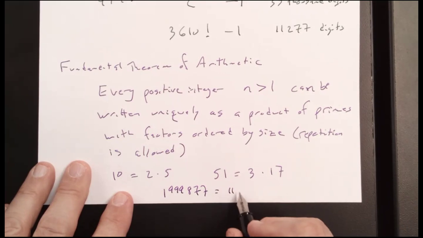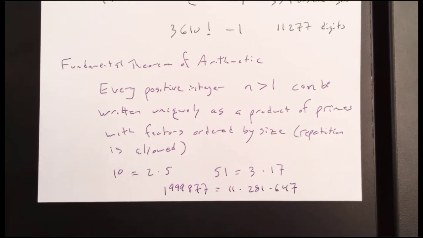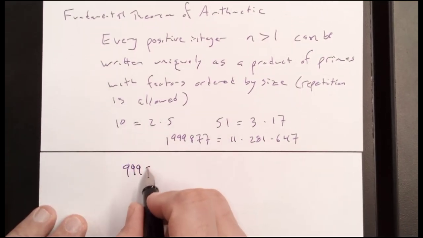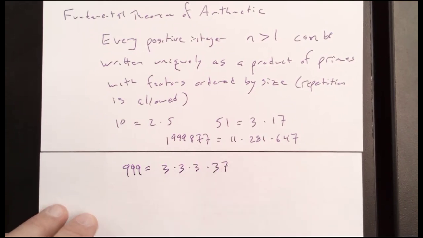1,999,877 is 11 times 281 times 647. And all 3 of those numbers are prime. 999 itself is 3 times 3 times 3 times 37. And all of those numbers are prime. If I allowed 1 as a prime number, then none of these would be unique, because I could keep multiplying by as many 1s as I wanted.